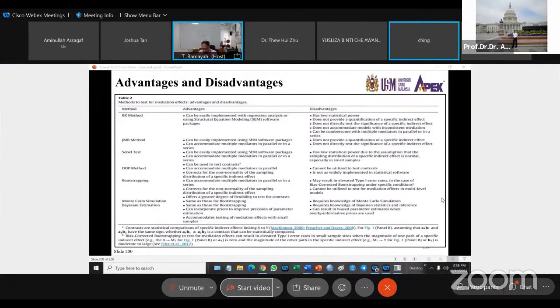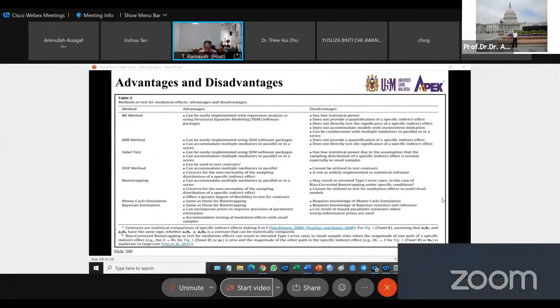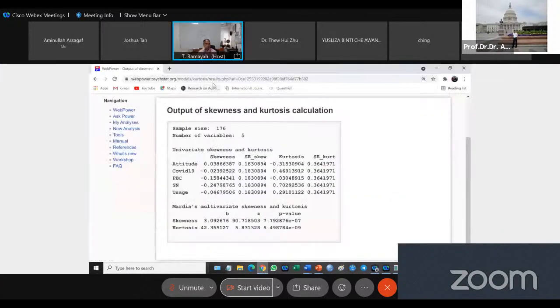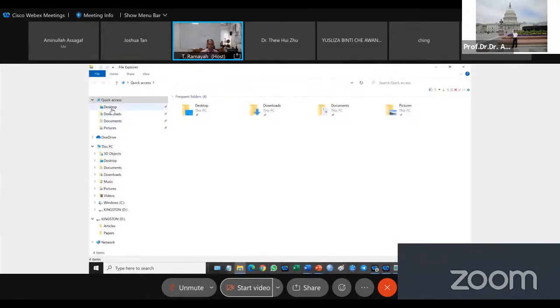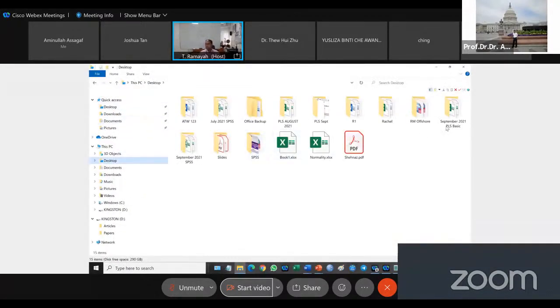Depends on the measurement. So I can show you a paper which is this. So first order also can be formative. Yeah.